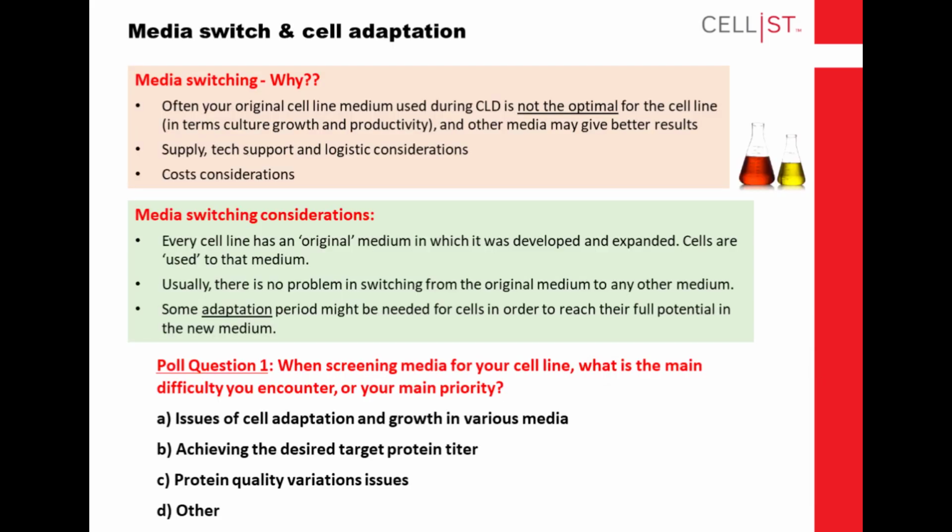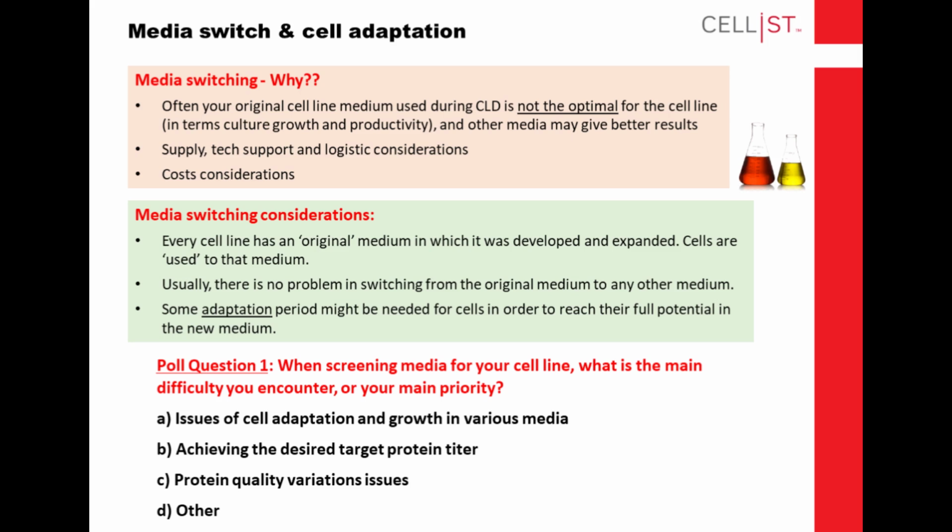Okay, for media switch and cell adaptation, it is important to remember that we want to ensure correct adaptation to the new target medium. Why do we want to perform a media switch? So the main reason is that the original cell line medium that was used during the cell line development might not be the optimal medium for that cell line in terms of growth and productivity.